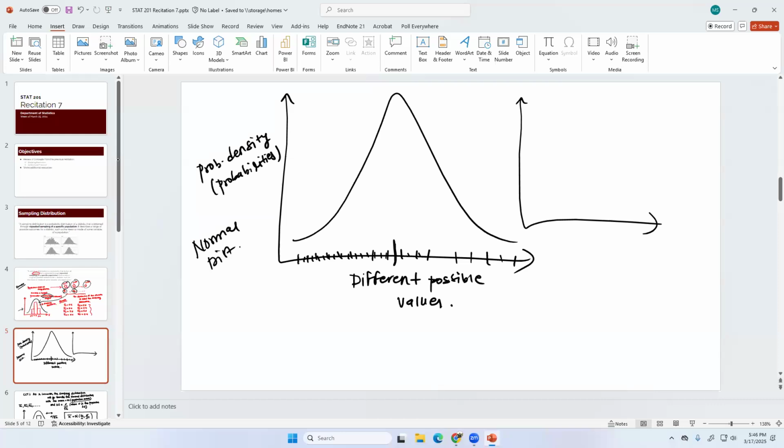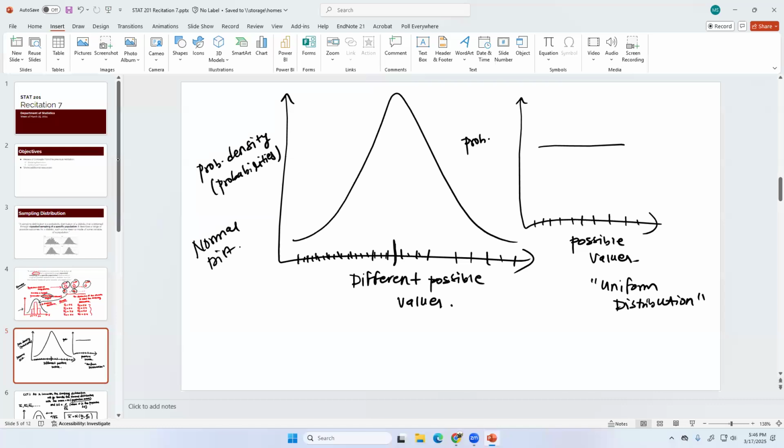Another distribution could be a uniform distribution, where these are all the possible values, and the probability is not changing. Every possible value has the same probability. Okay, so this is a uniform distribution.